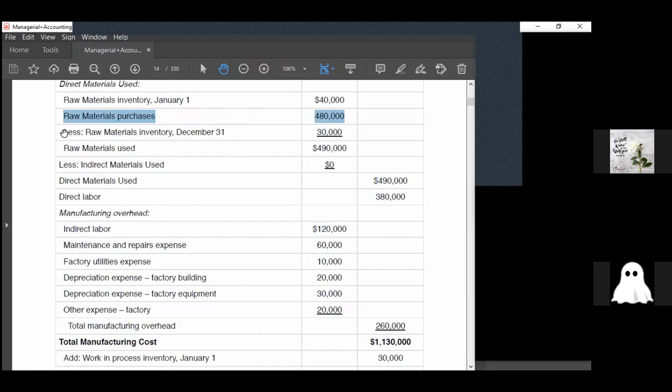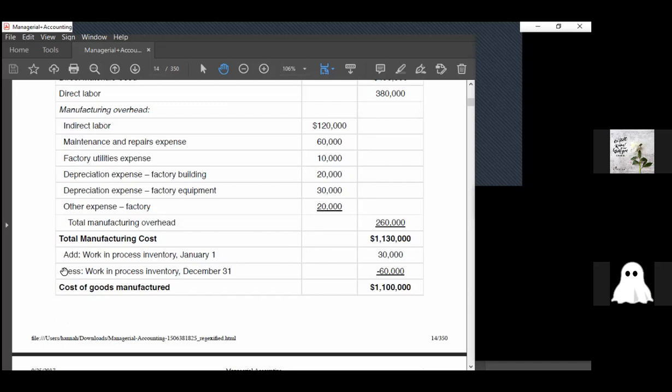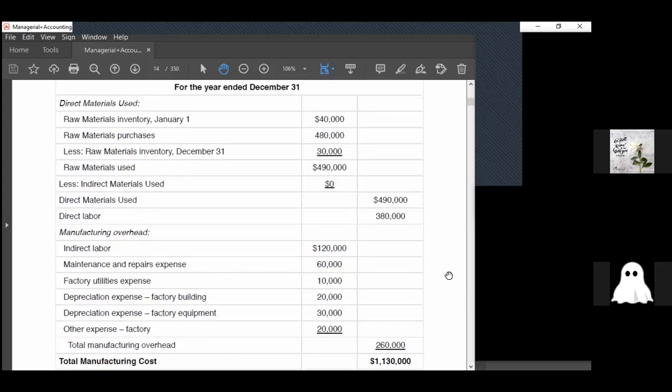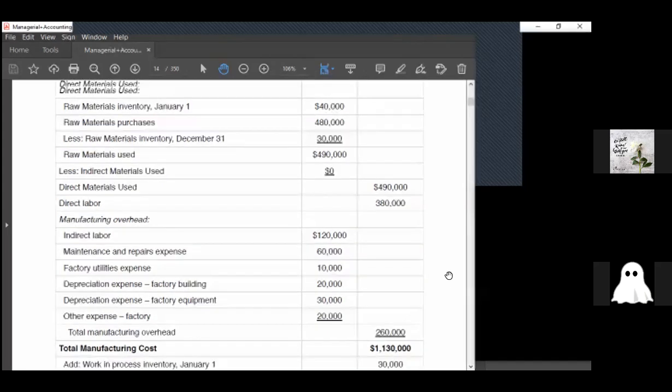There are some things that are reduced, like raw material inventory for 31st December, that is minus. Like work in process on 31st of December, that is minus. So you have to remember that. And obviously after practice, when we have solved 10 or 12 problems like these, you will have these things committed to your mind.